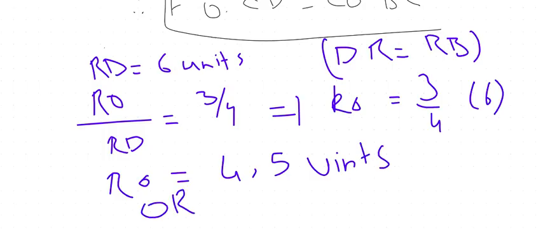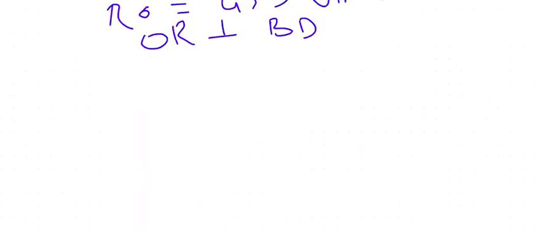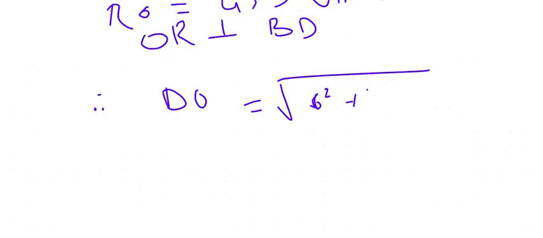So the line from the center to the midpoint of the chord. So DO, the distance of DO, we have 6 squared plus 4.5 squared. So we got 7.5 units.